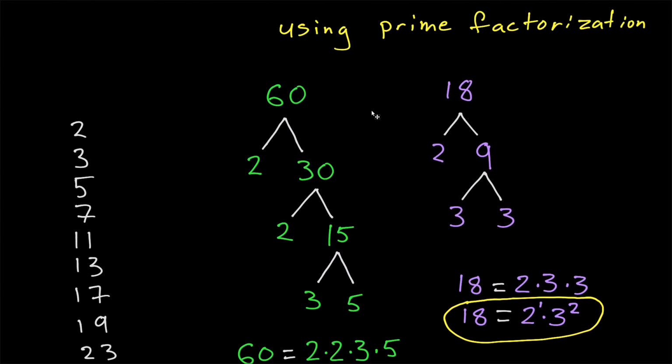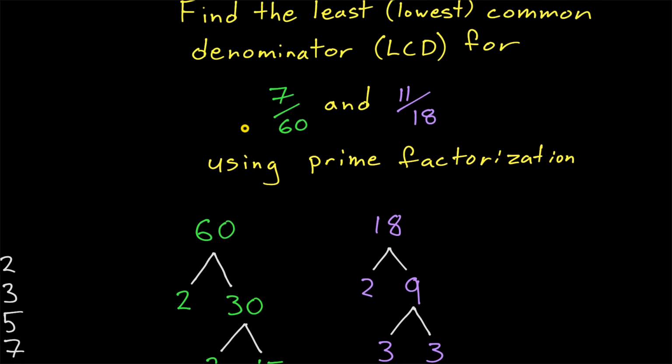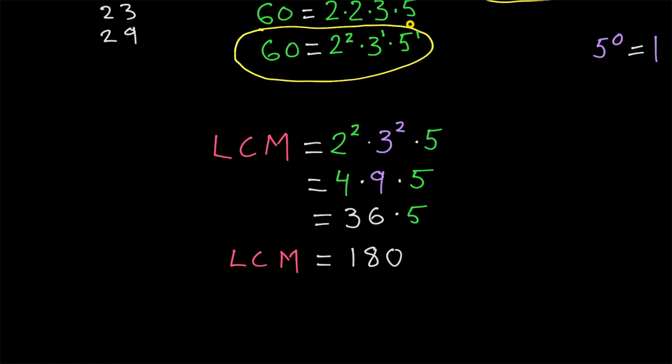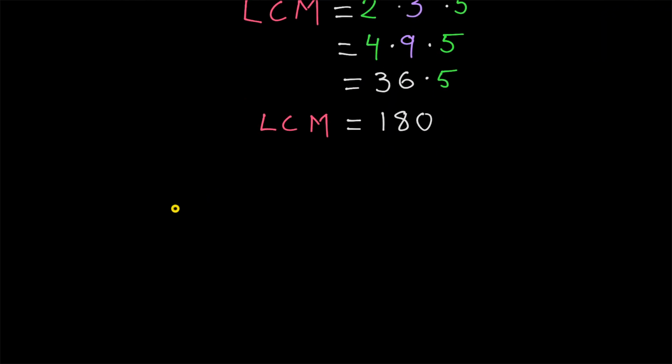So remember where we started. We started off with these two fractions, 7 over 60 and 11 over 18. So let me write that over here. We have 7 over 60 and 11 over 18.